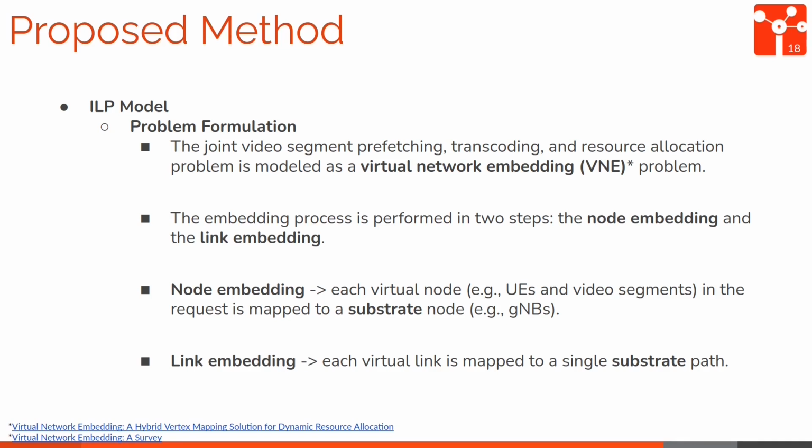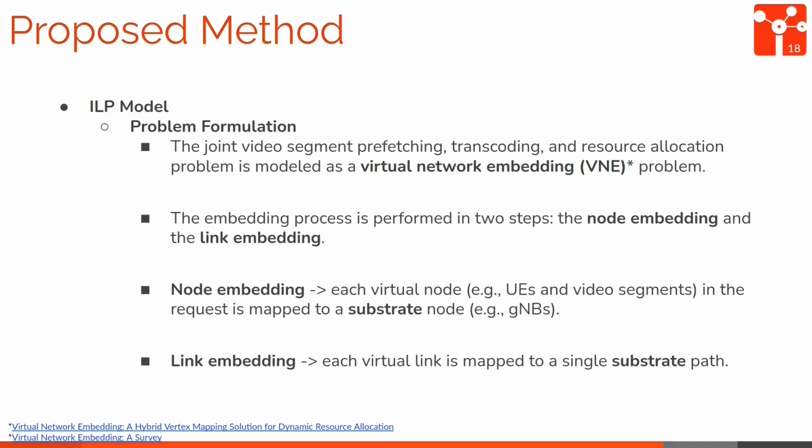So a virtual network can be described in terms of vertices or nodes and edges or links with certain resource requirements. To embed a virtual network, substrate resources are assigned to these vertices and edges. If you want to know more about the virtual network embedding process, I have mentioned a paper here from which you can learn more.